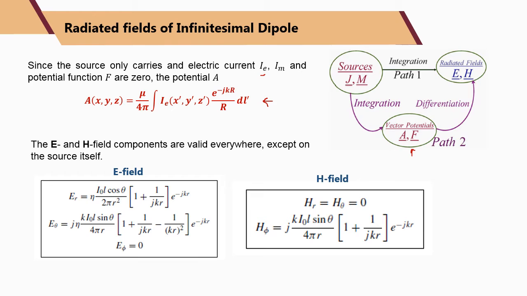The E and H fields, the electric field and magnetic field components, can be represented by the following equations, which are valid everywhere except on the source itself. Since the dipole antenna is symmetric, in this case the E field phi component is 0.